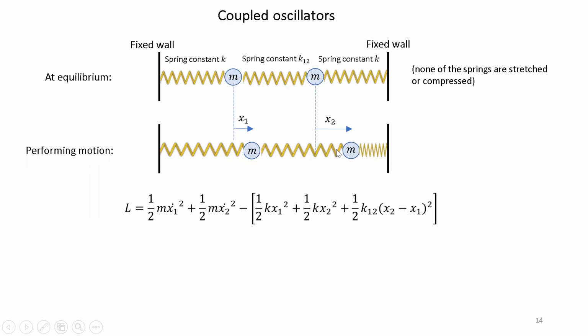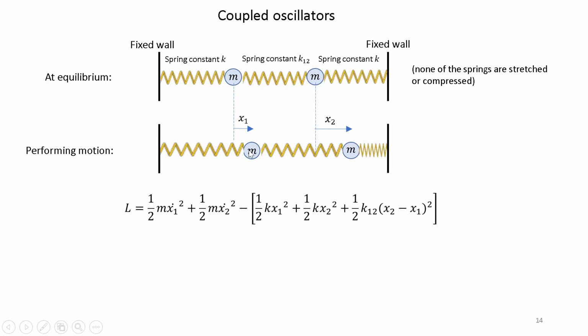You can see that the two masses will affect each other. For example, if the left mass moved a bit more to the right, it will change this length, and it will change the force acting on the other mass. Also, each mass is connected to its own spring.